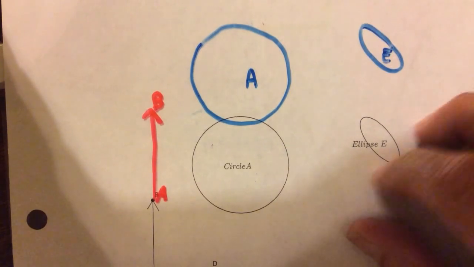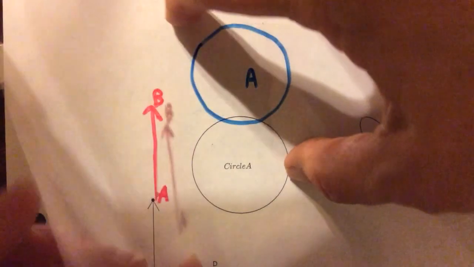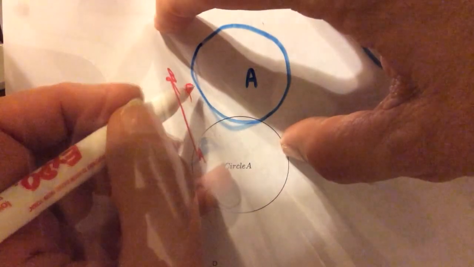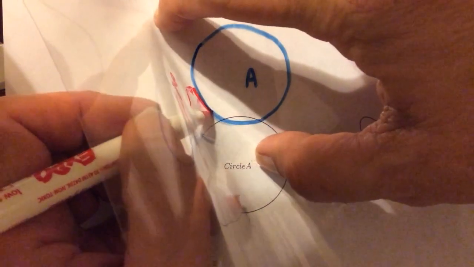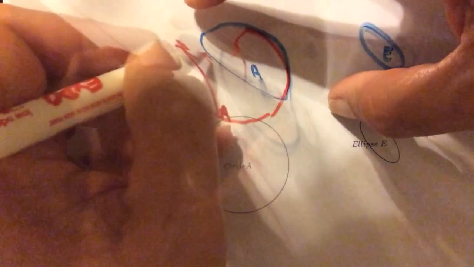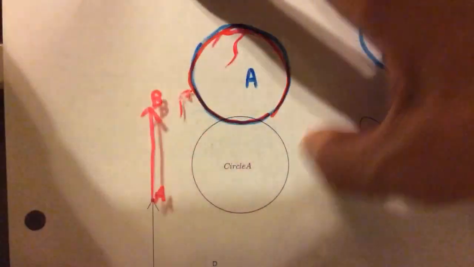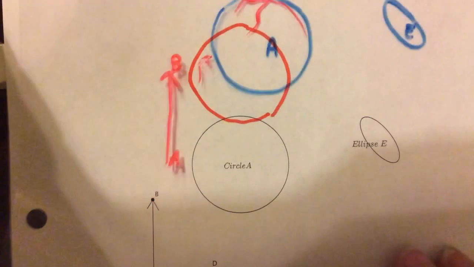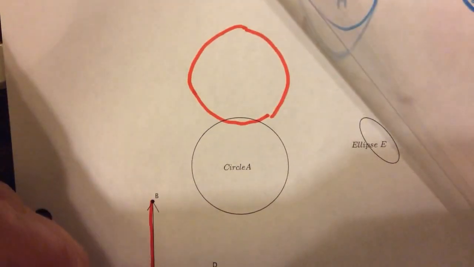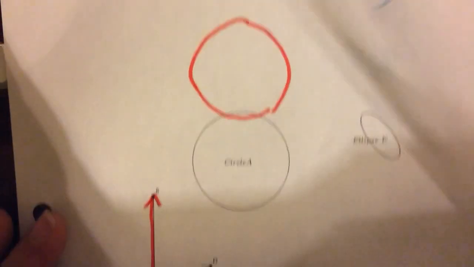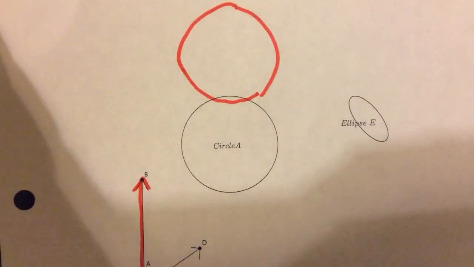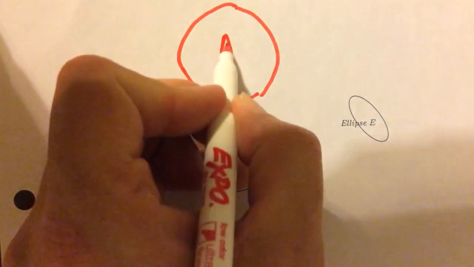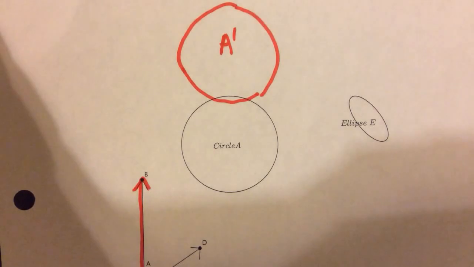Let me go ahead and trace those in red since I have a red vector there. This is kind of hard to do, but it is an overlapping circle there. Like some of you saw, you could use this. Okay, that doesn't look beautiful, but there we go. So along our vector AB, we get circle, call it A prime, right there.